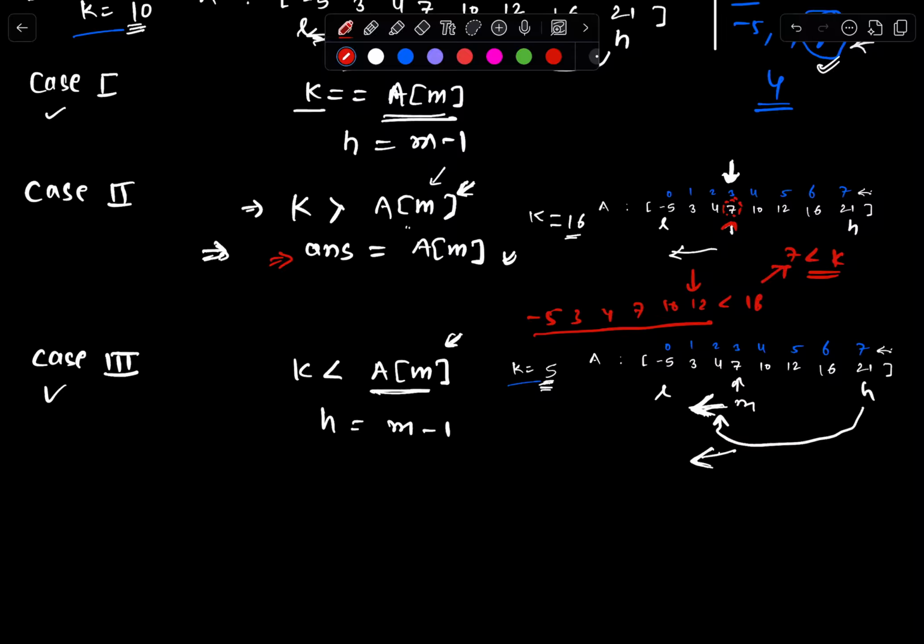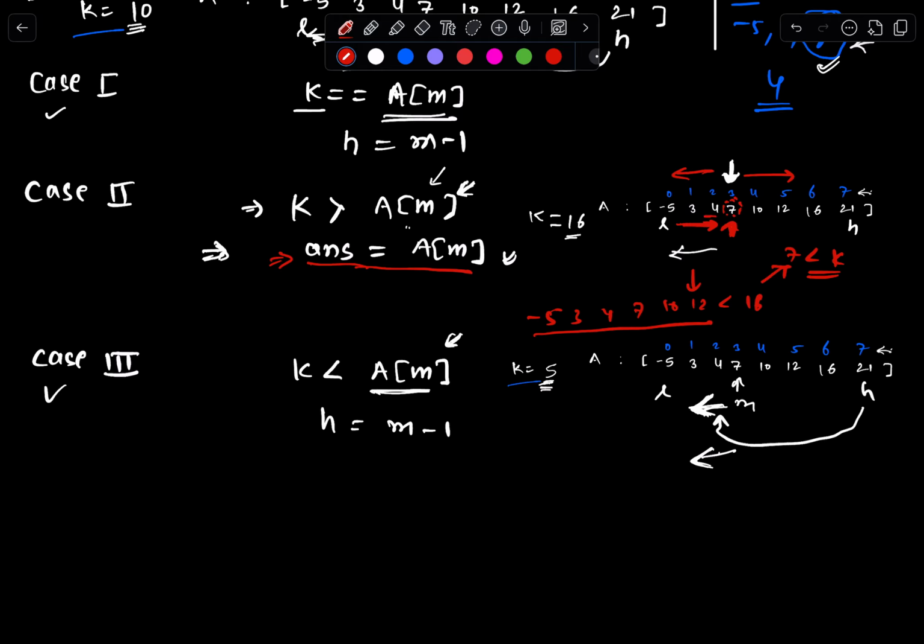So by checking this scenario, we can say that my maximum could be on the right side, because it can't be on the left side, since you are already at the maximum of the left side. If this is the answer, you are already at the maximum of the left side.